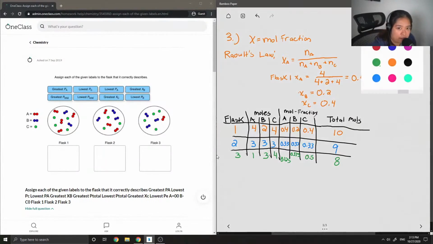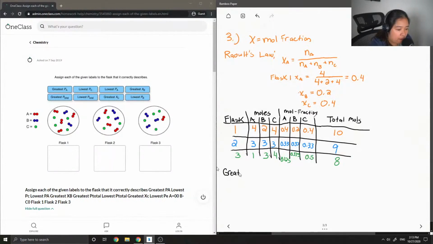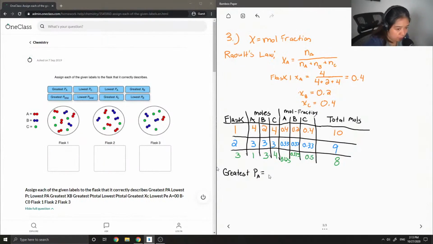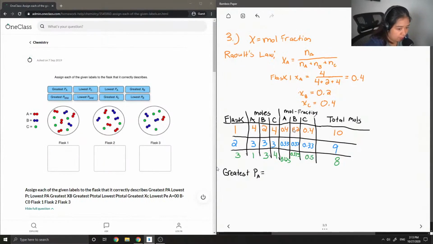So now let's look at all the different labels that they gave us. So for greatest pressure of A, it's going to be the one that has the most moles of A. So in this case, it is flask 1.